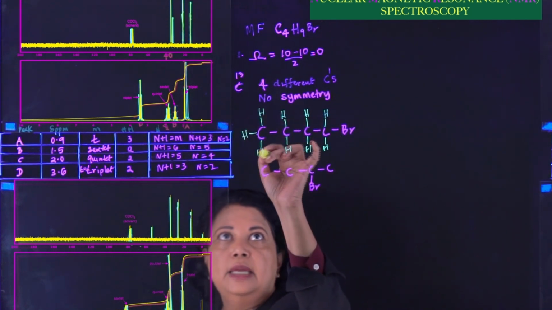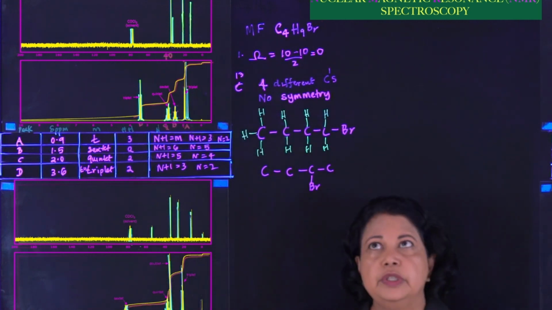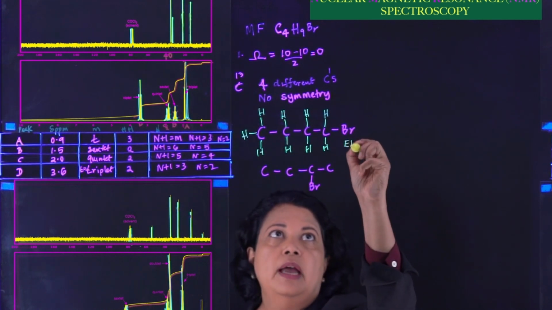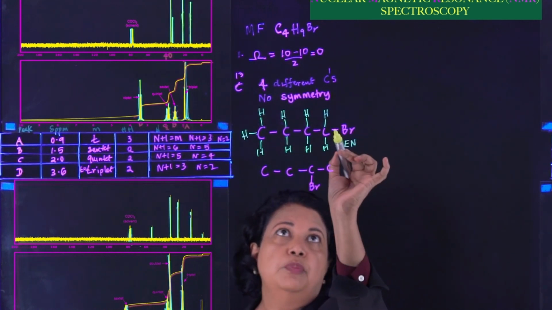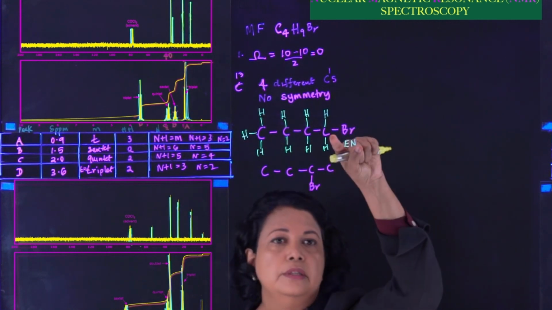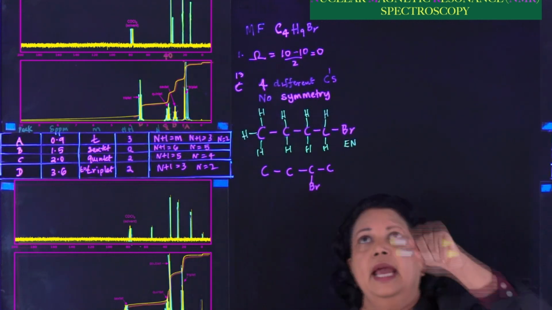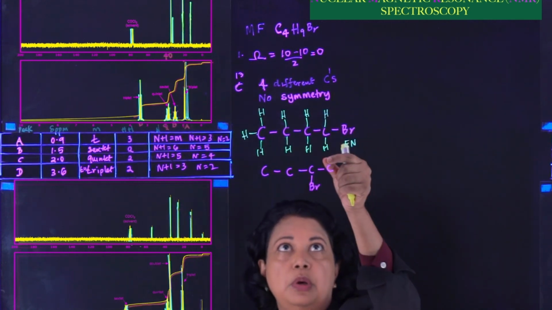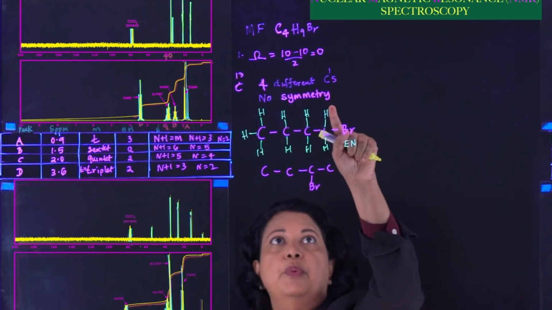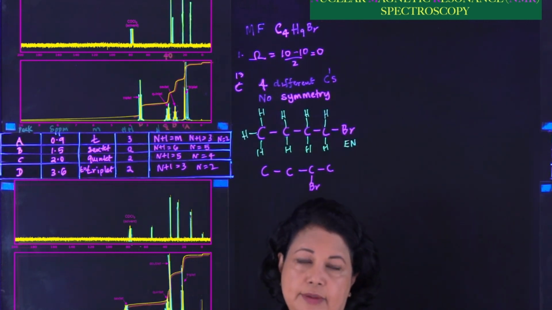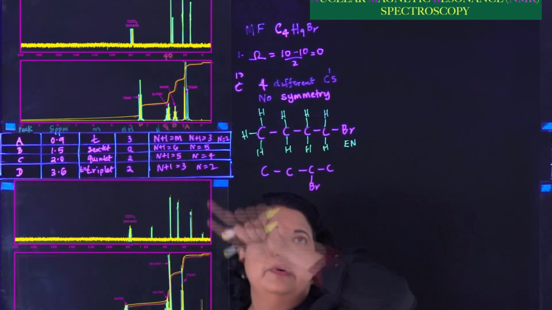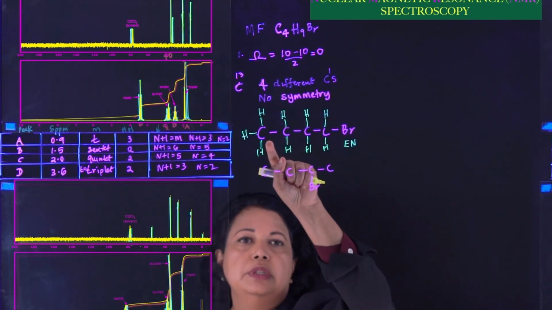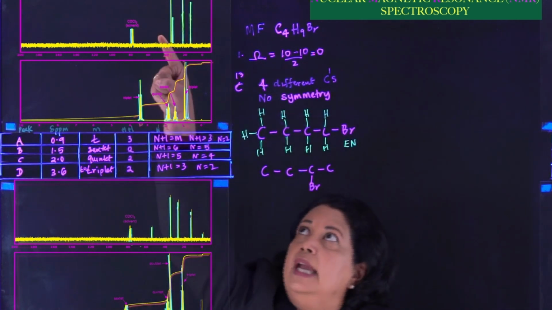So which is A, B, C, and D. Before we do anything, we know bromine is the most electronegative group, and due to inductive effect, it's going to pull harder on the first carbon's electrons and deplete the electrons around that carbon, which means it's going to pull electrons from the hydrogen, and both of these would be the most deshielded. And the inductive effect falls off with distance. So therefore, most deshielded, the second most, third most, and the most shielded. And that's what we have, all in a row.